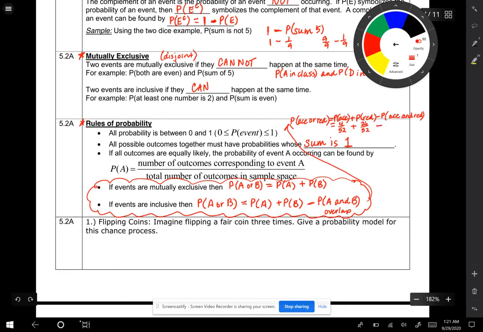Then you subtract the cards that are both an ace and red, so 2 out of 52, because there are 2. You're double counting them when you count them in the aces and in the reds. That's an example of when two events are inclusive, and you have to subtract the overlap.